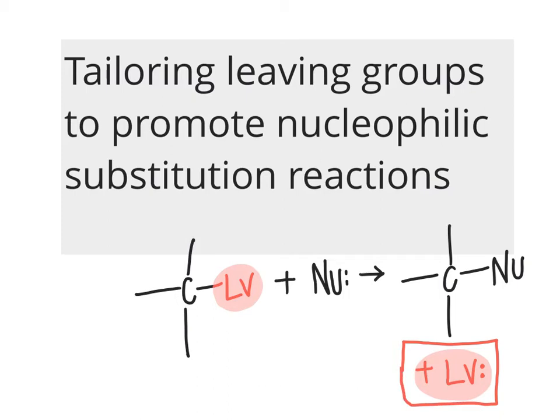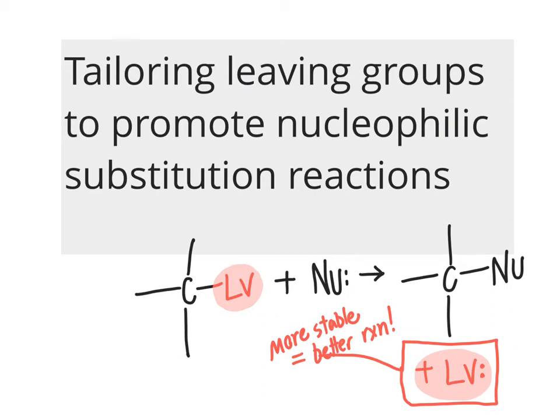So we want to take a look at factors that will stabilize that leaving group product, because the more stable this leaving group product is, the better that reaction is going to go. In other words, the faster that reaction is going to work out for you.